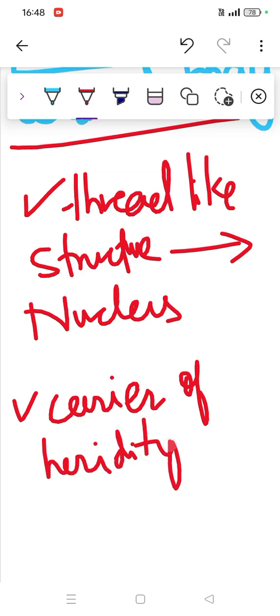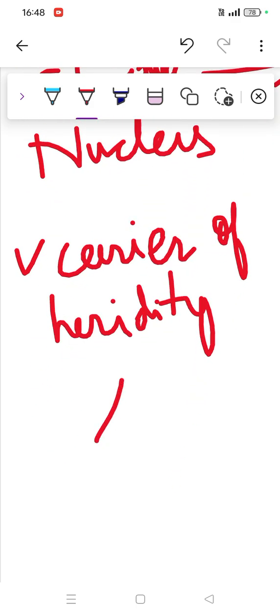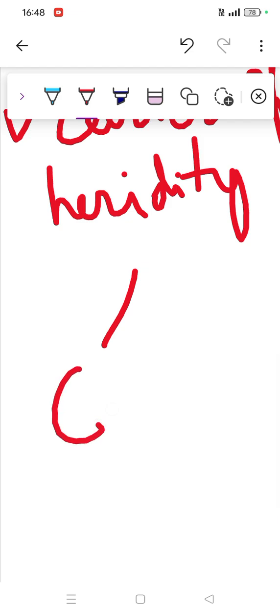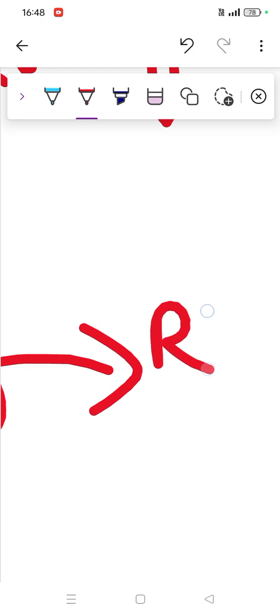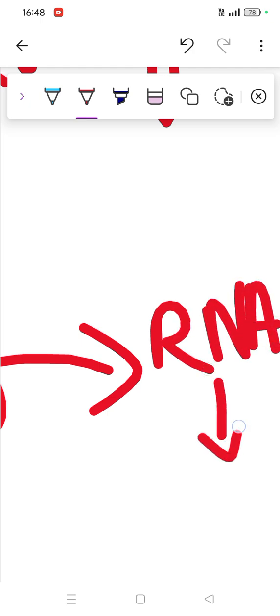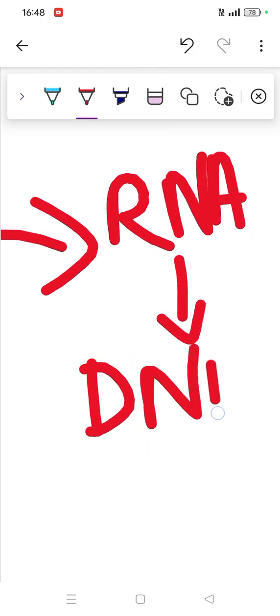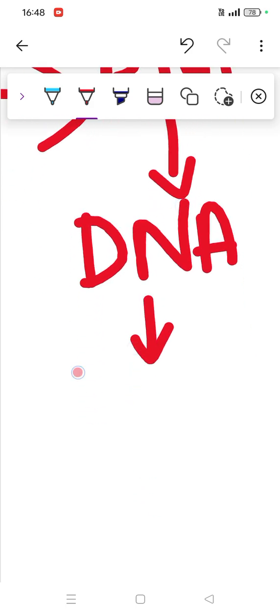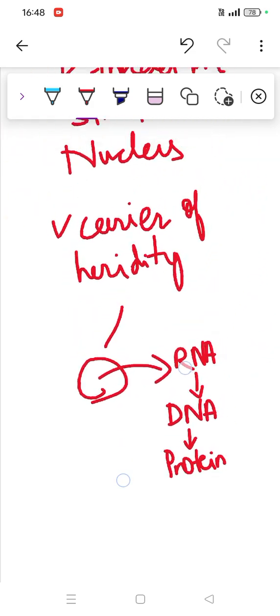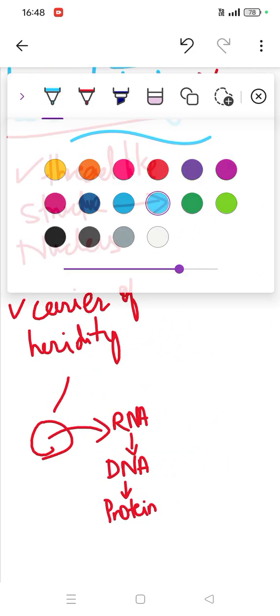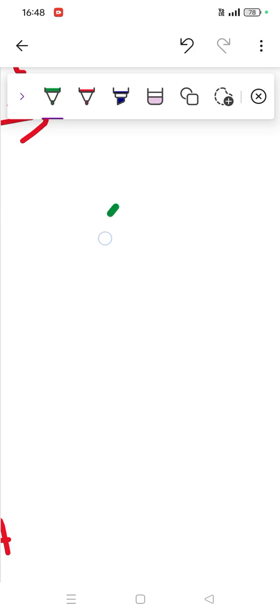This means if you see a cell today, it has RNA, DNA, proteins, everything, right? But the chromosome is the hereditary material which is transferred. So when the mother's and father's cells fuse, a new baby is formed.